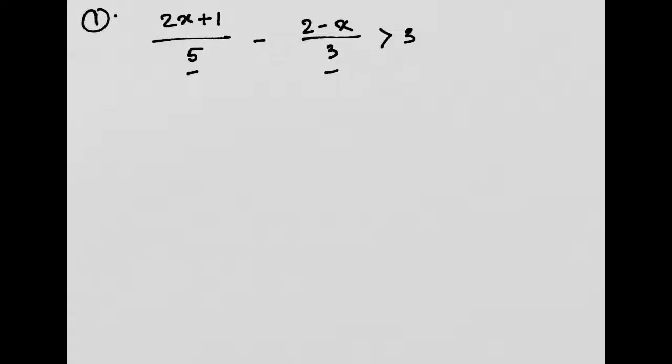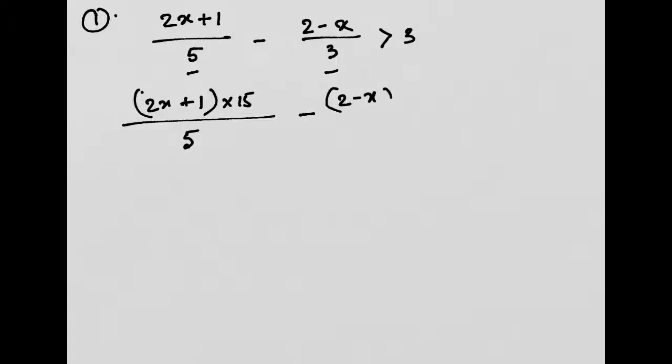So, multiplying left hand side and right hand side both by 15: (x+1) into 15 by 5 minus (2-x) into 15 by 3 greater than 3 into 15.